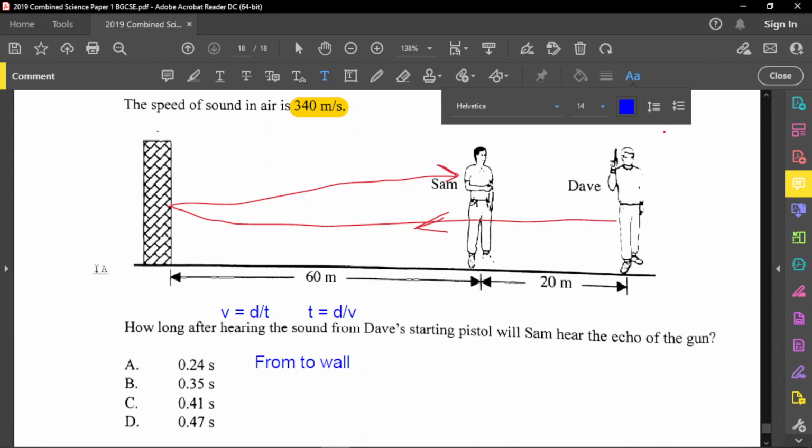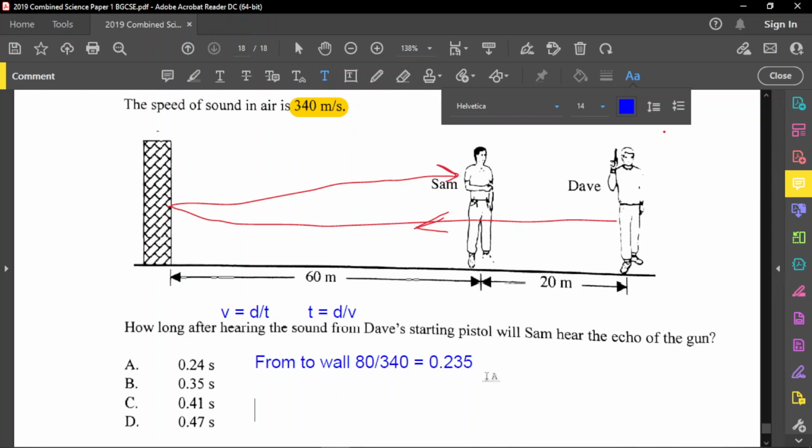The distance from Dave to the wall is 80, so 80 divided by 340 is equal to 0.235.